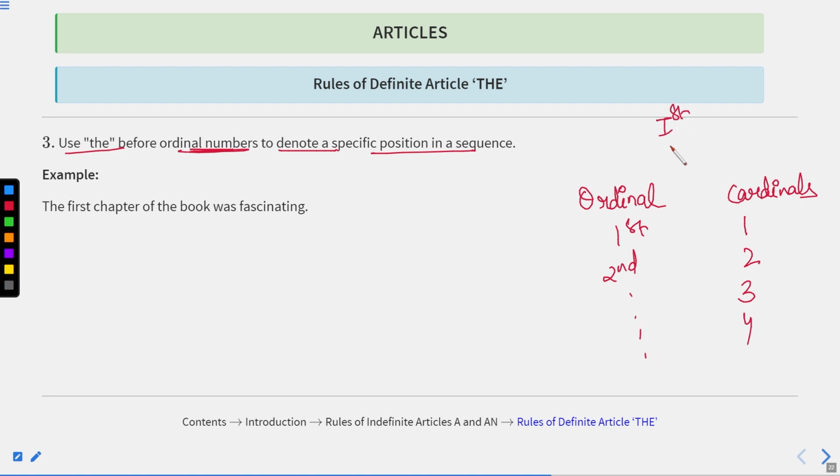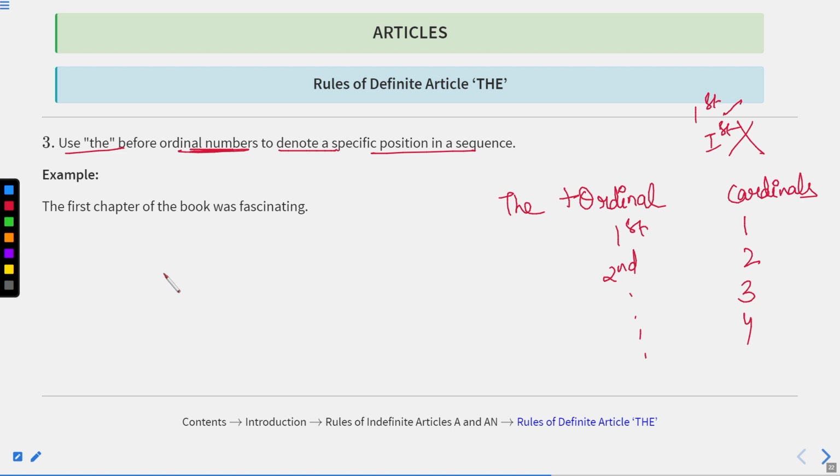We cannot write a Roman numeral and have superscripts over it. We can only have the superscripts on the numbers. If I write this one, this is correct, but if I write this one, this is incorrect. However, we used to write this in childhood, which is incorrect. So before any ordinal number, we should use the. For example, the first, the second, the third, the fourth, the fifth, and so on.